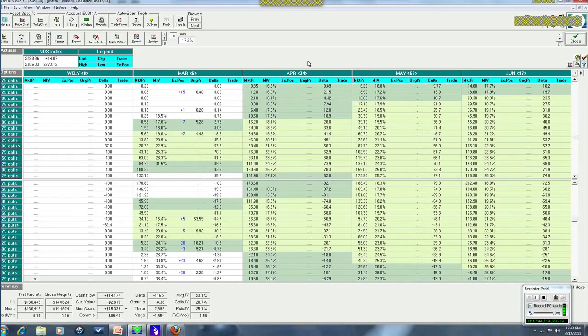Or is your success sort of predicated on being naked a certain amount of options every month? No, I think that you could have every short covered and still accomplish the task.